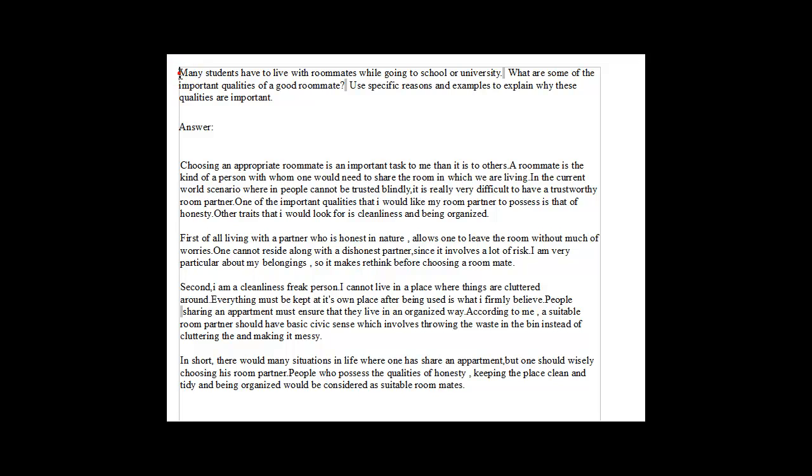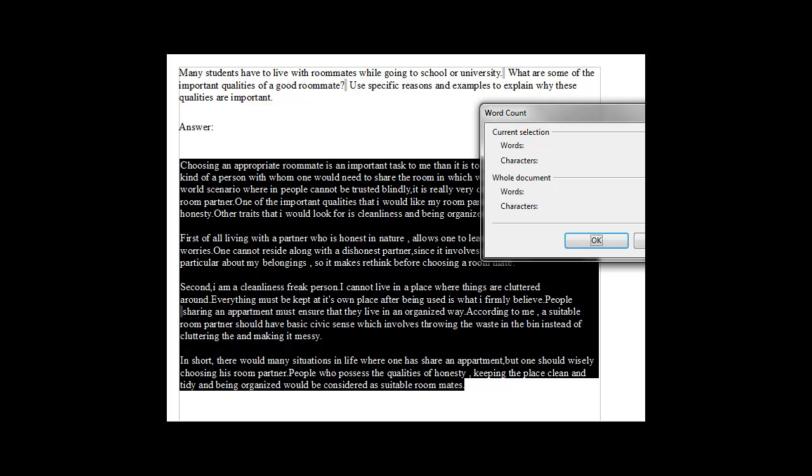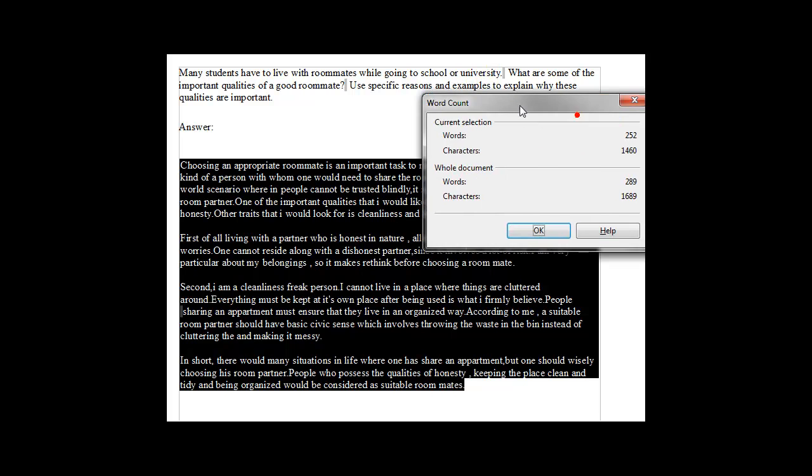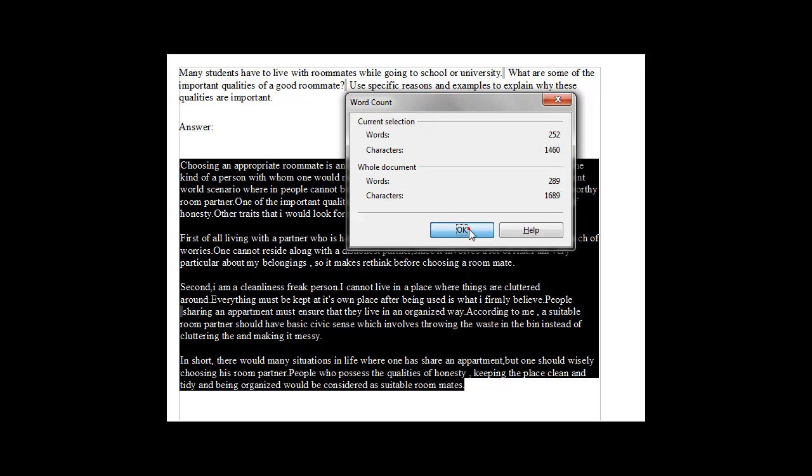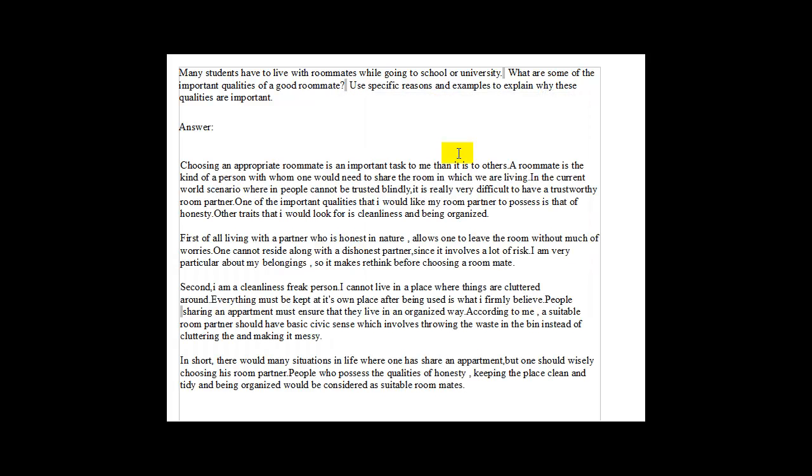So let's get started. First of all, let's take a look at the word count here. You are at 252 words, as you can see right here, and I'm going to recommend that you probably need to get closer to 350, even 400. It doesn't give you a lot of room for error if you're not even at 350 words and you have some grammar problems.